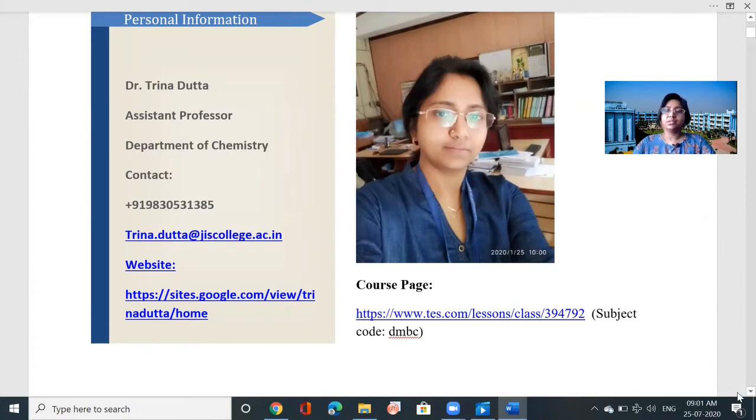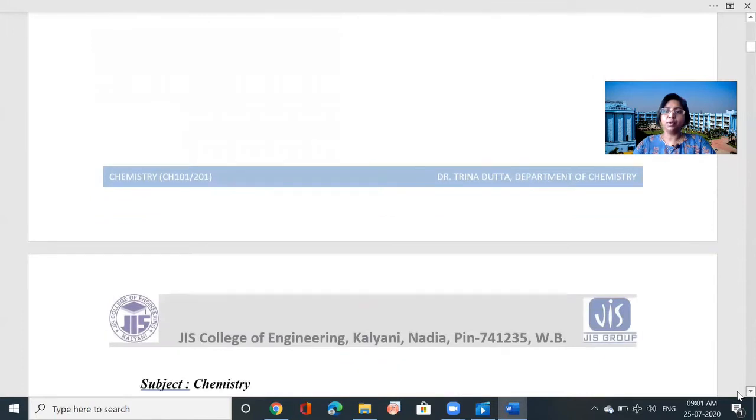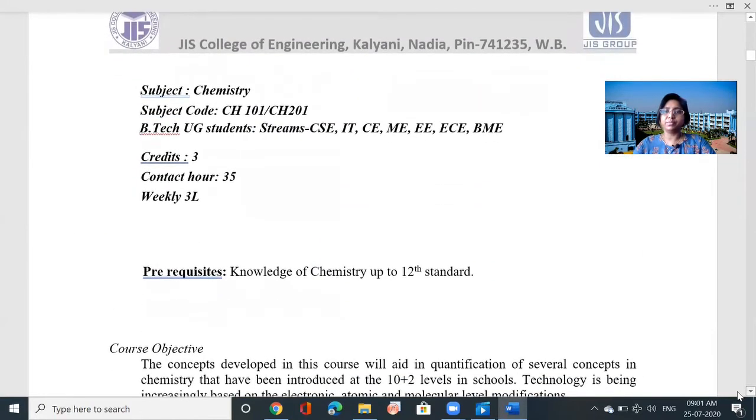The course is chemistry, the subject code is CH101 for odd semester, CH201 for even semester. This course is for undergraduate BTech students.